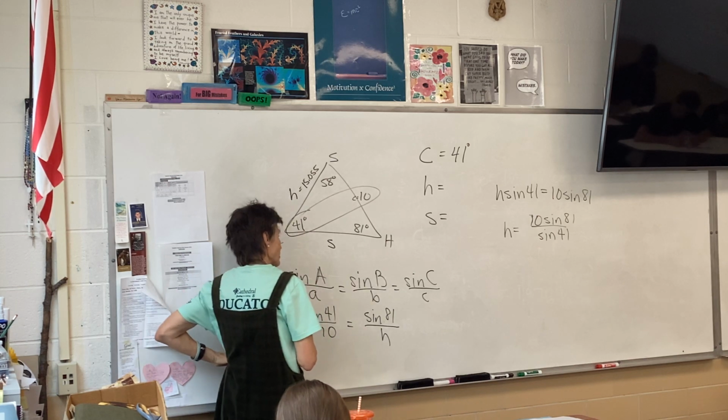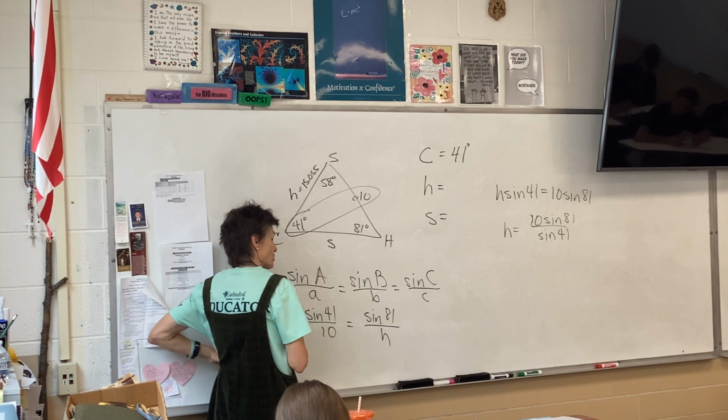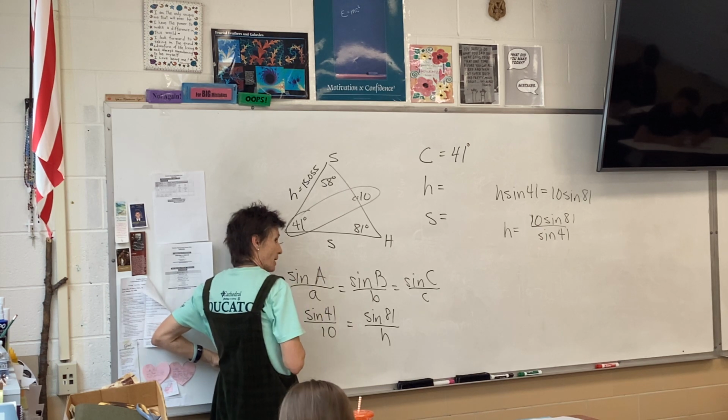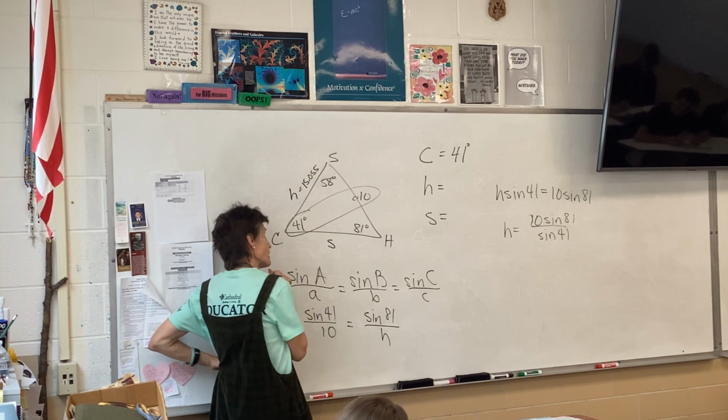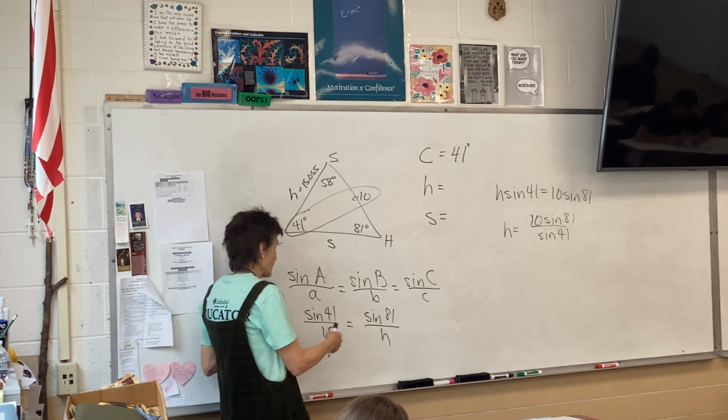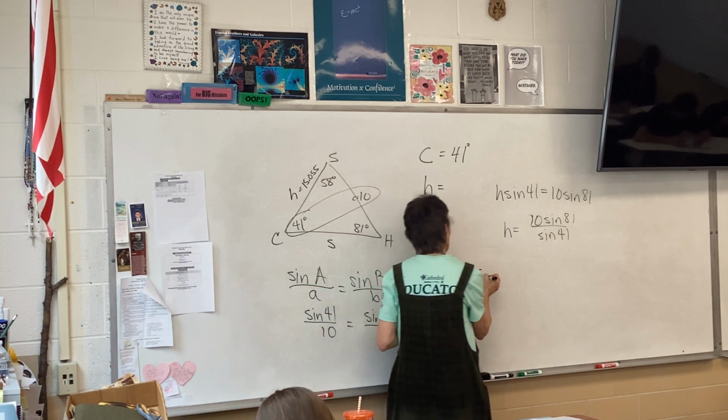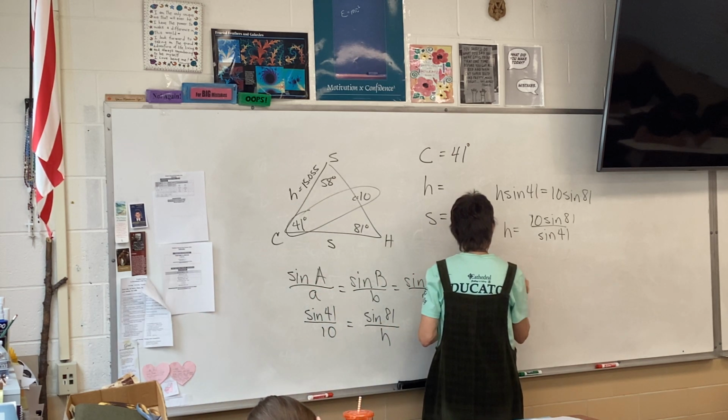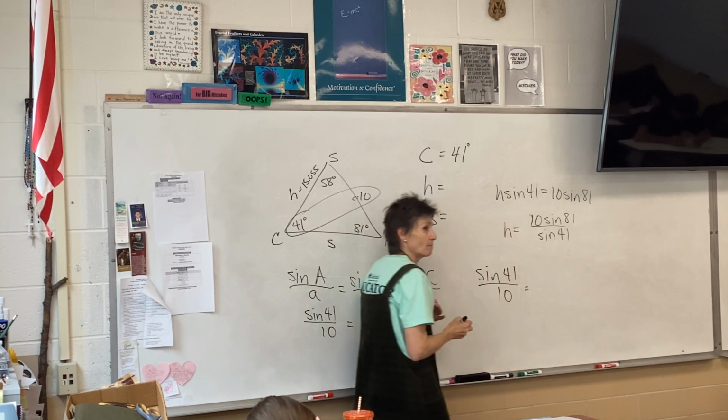Now, please don't try to use the Pythagorean theorem or something crazy. This is not a right triangle. So to find the other side, we're going to have to repeat. We'll go back to sine 41 over 10. Always go back to your given when possible.